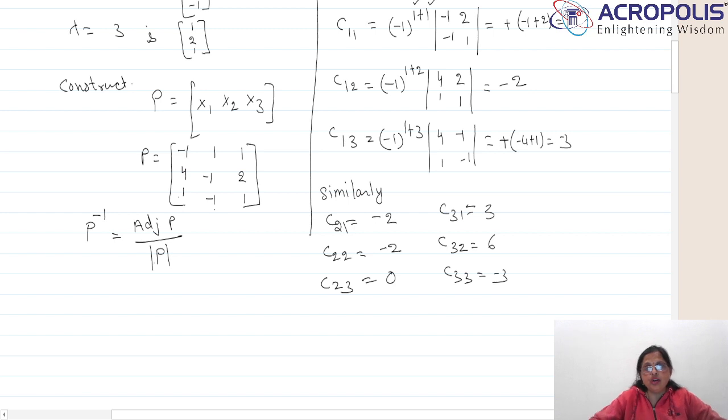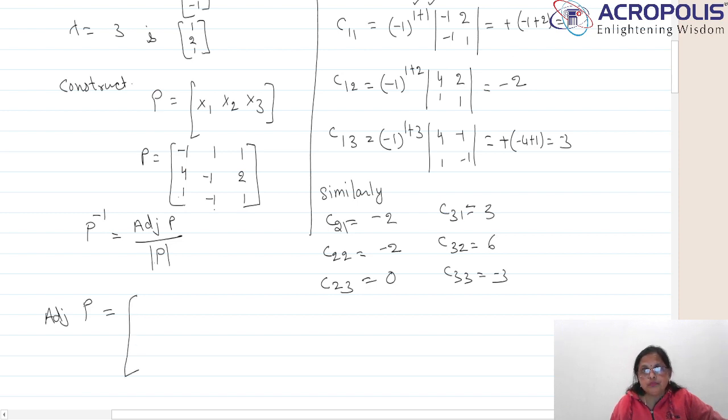So adjoint of P is equal to the transpose of the cofactor matrix. So rewrite the row in column form and the column in row form.